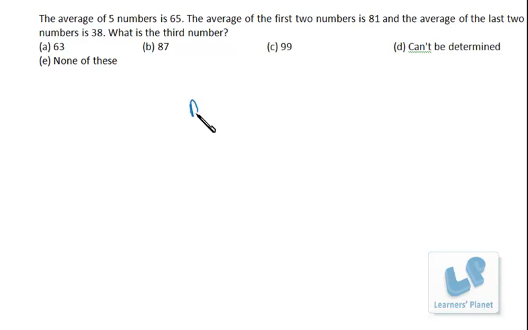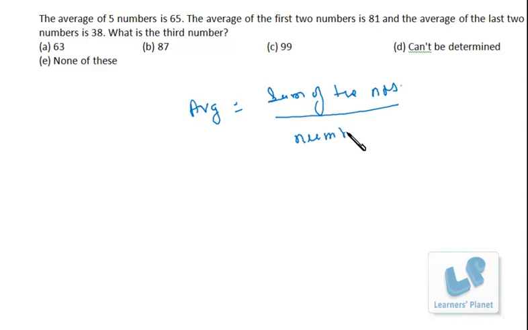Average is equal to sum of the numbers divided by number of numbers, right? In this case, sum of the numbers is not given, average is given, so I just put the value: average is equal to sum, which we don't know, divided by number of numbers, which is 5, right?